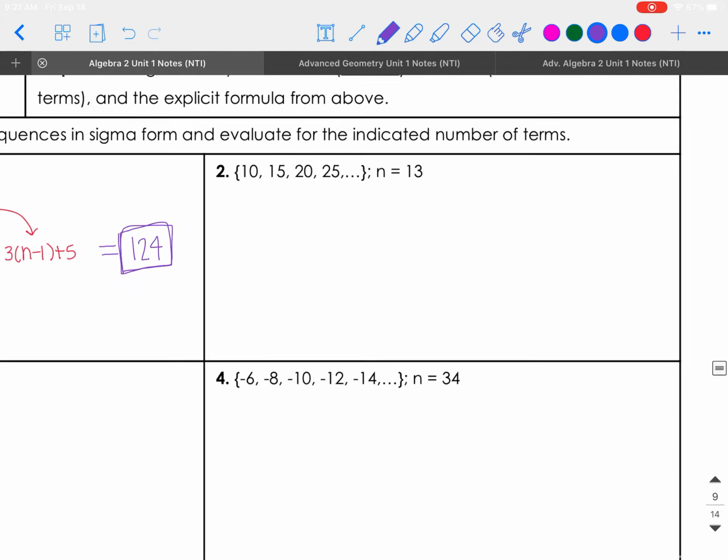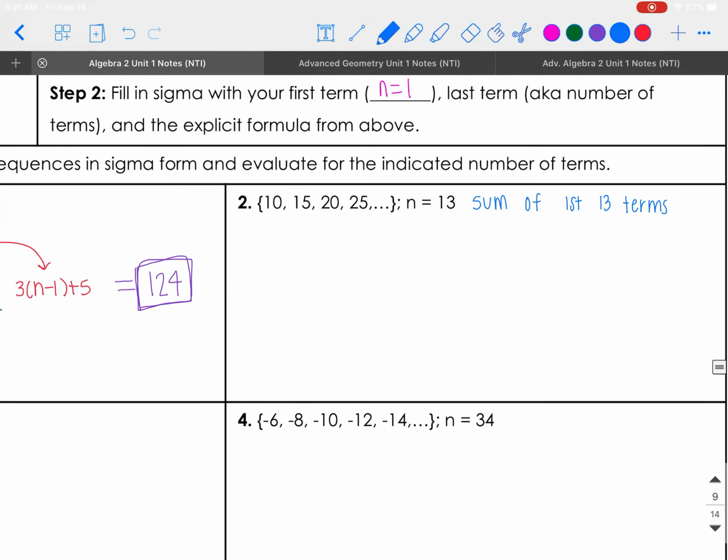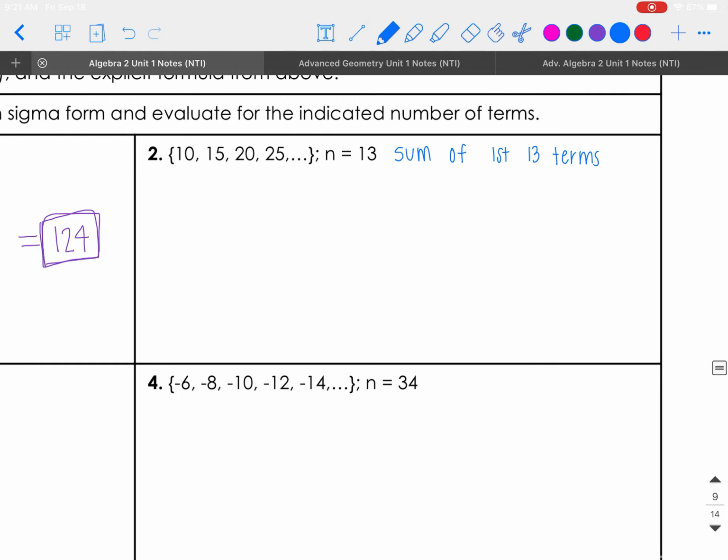Let's look at number 2. So this one, we have the sequence 10, 15, 20, 25, 30, 35, 40, all the way up. And we know that we're finding the sum of the first 13 terms. I know that because that's kind of what the question said. You may also see it written S sub 13.